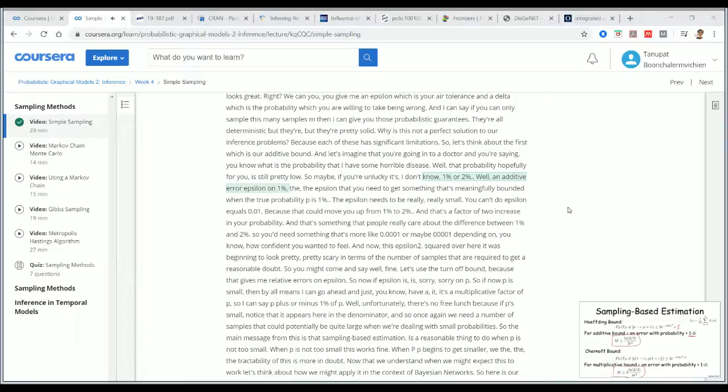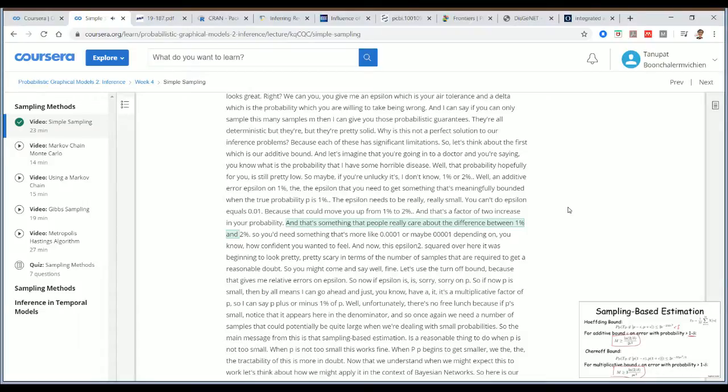Well, with an additive error epsilon, to get something that's meaningfully bounded when the true probability p is 1%, the epsilon needs to be really, really small. You can't do epsilon equals 0.01 because that could move you up from 1% to 2%, and that's a factor of 2 increase in your probability, and that's something that people really care about, the difference between 1% and 2%.